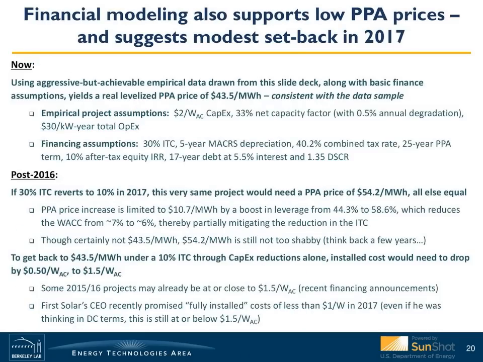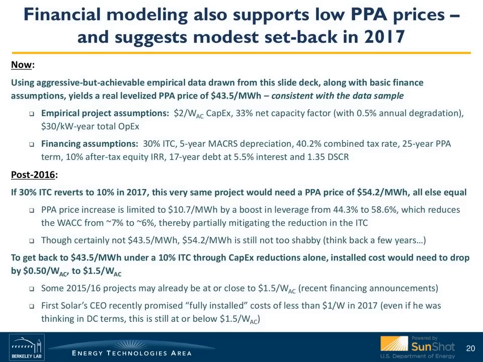These low prices are also supported by financial modeling. For example, if I plug in aggressive but achievable empirical data that's pulled from earlier in this slide deck, so for example, $2 per watt AC CapEx along with a 33% capacity factor, if I plug those types of assumptions along with some basic finance assumptions into a financial pro forma model, I end up with a real levelized PPA price of around $43.50 per megawatt hour.